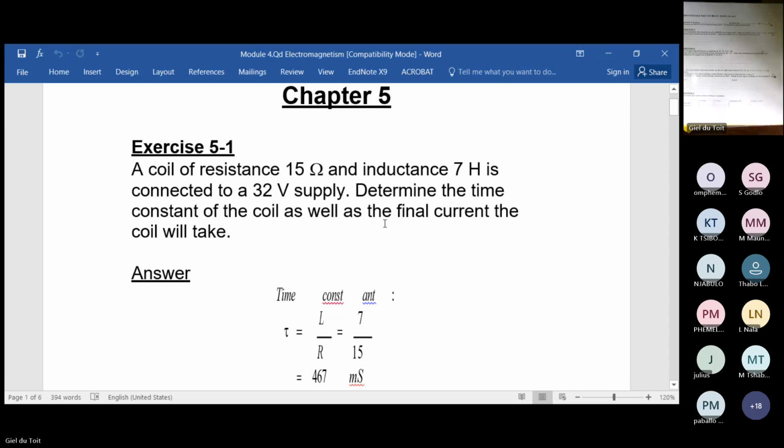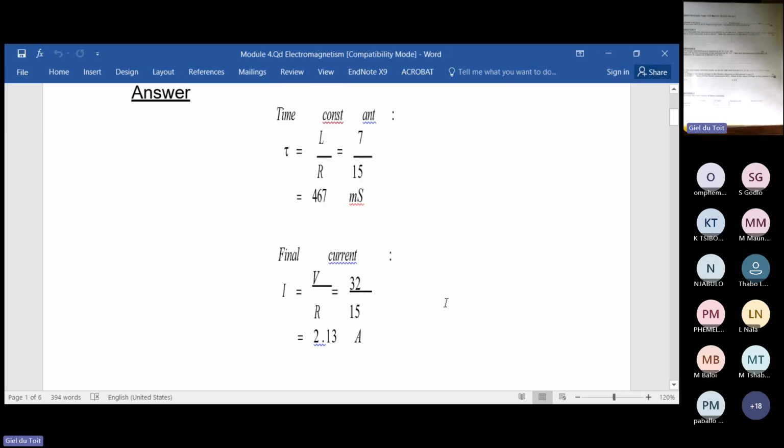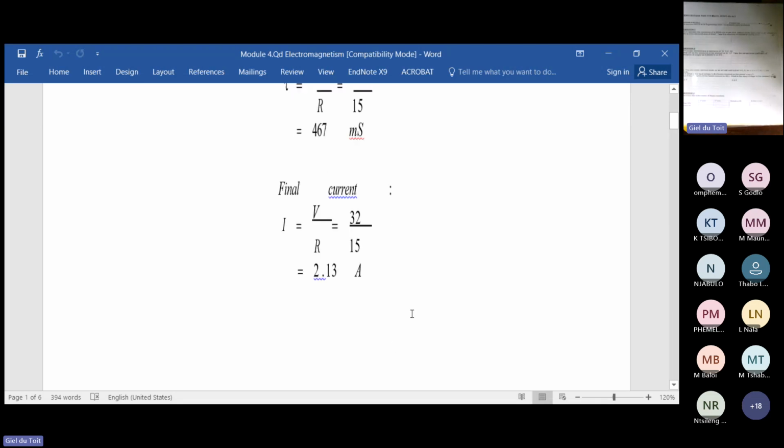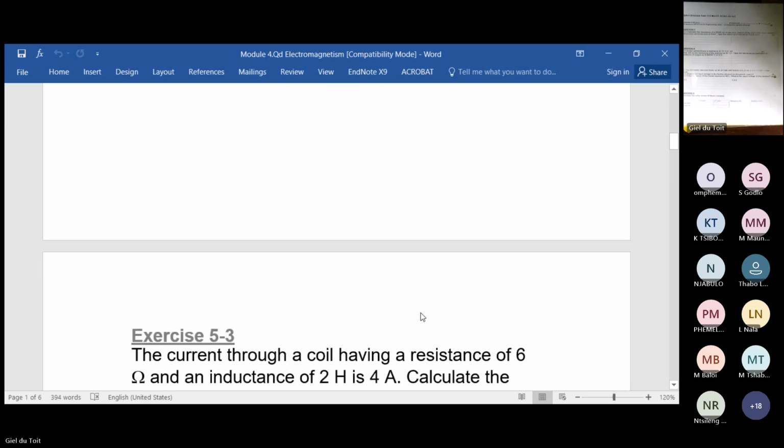Right, 2.33? How much? 2.133, thank you very much, amps. I just divide 32 by 15. I get 2 because I don't use a calculator, but that's the very accurate answer. Thank you very much. Okay, let's do another one.